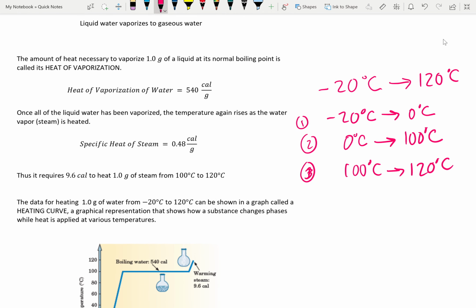So this is melting. This is the warming up. And then this is vapor.